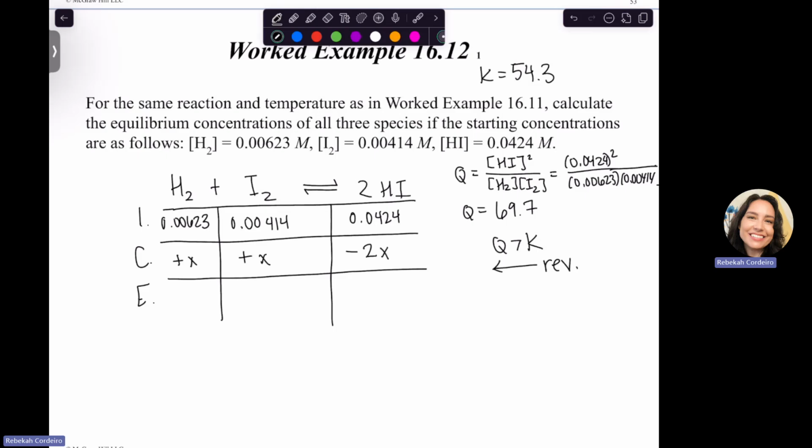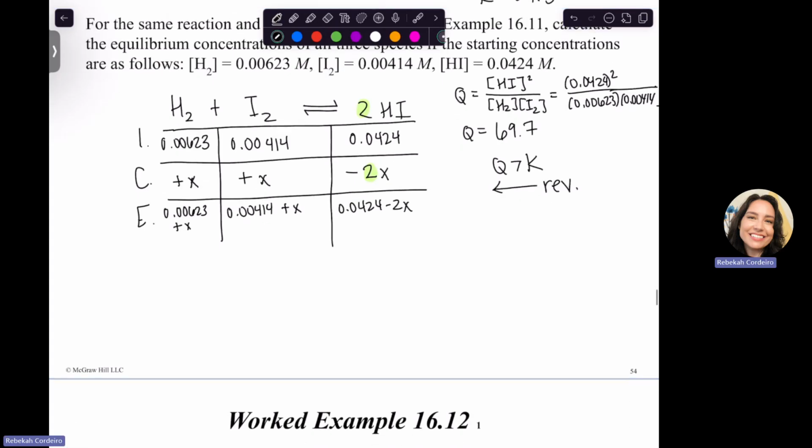Notice that I brought that 2 down into my change row, because it'll be 2 times as many HIs as the other reactants. Now, again, we're just going to add up I plus C equals E. And then we'll take our E and we'll plug it in.